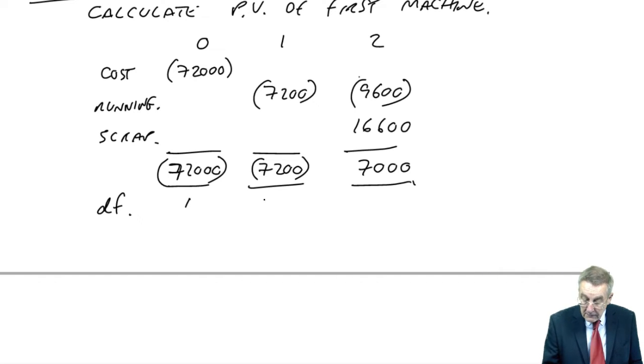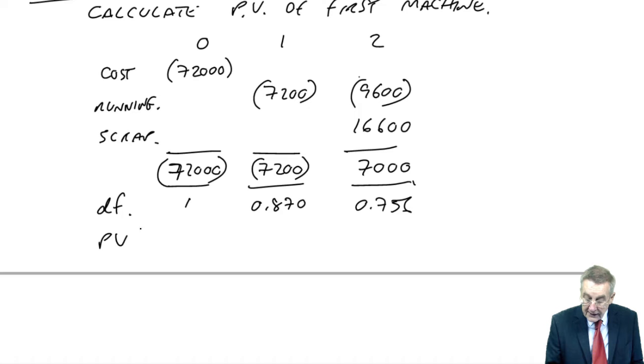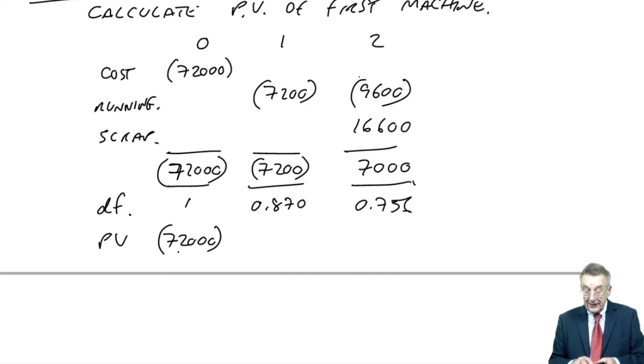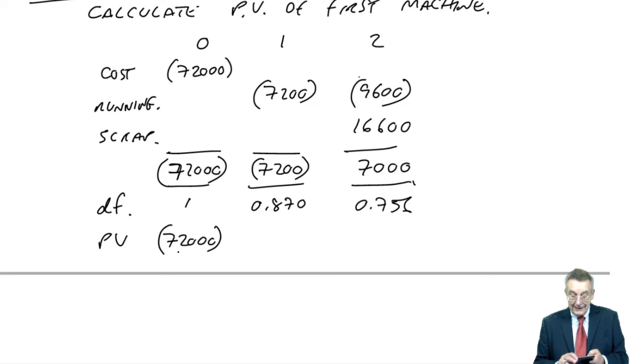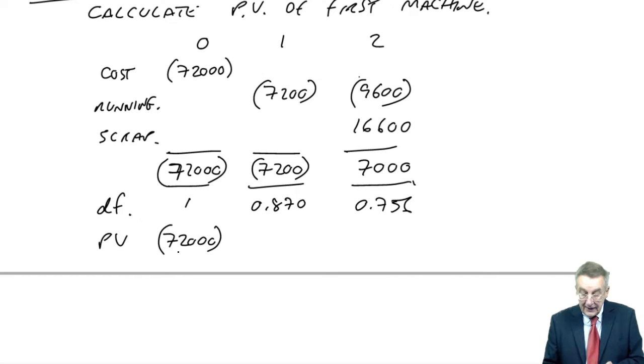For 1 year, 0.870. For 2 years, 0.756. The present values. Oh dear, it can't be right. 7,200 times 0.87 is 6,264.